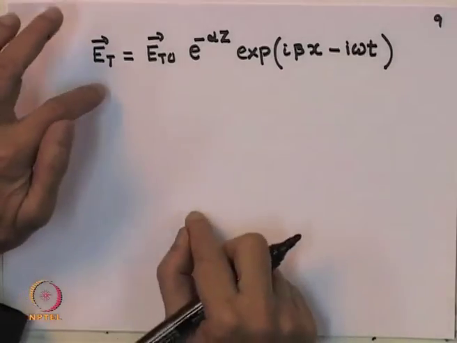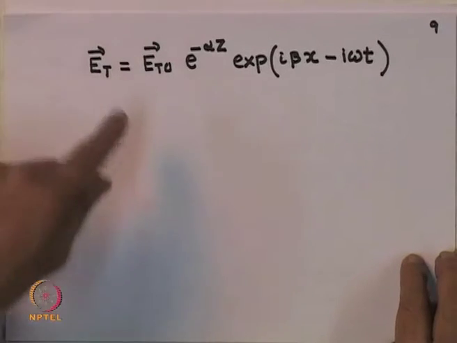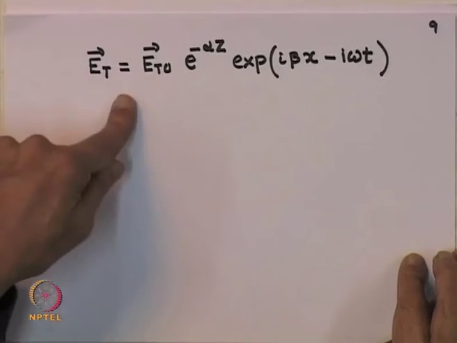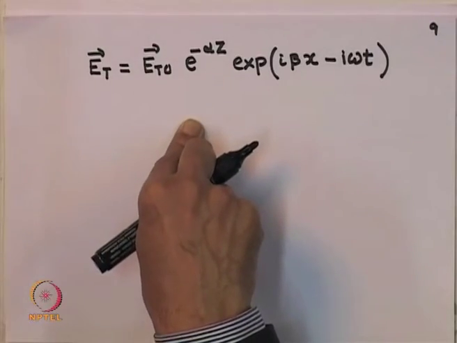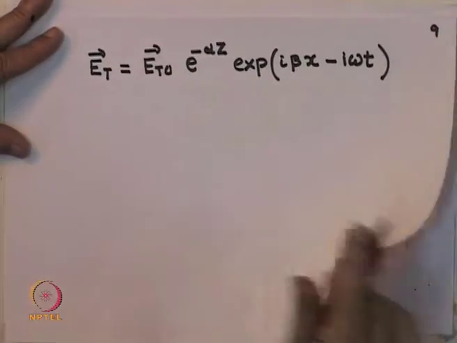Now, what I am going to do is to derive the corresponding magnetic field vectors or H vectors from this. I could have actually gone back to the solution of H and repeated this, but I can use Maxwell's equation.